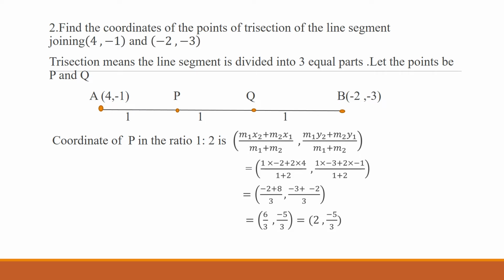Here we can take the ratio as 1:2 because the distance between the point A to P is 1 unit and from P to B is 1 plus 1 is equal to 2.